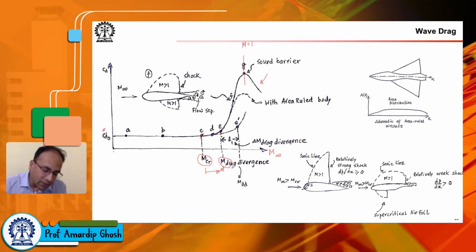The problem is, when you have this sudden increase of drag, your power plant has to be able to handle that amount of drag. And for quite some time, people had this notion that the drag will increase so much at Mach 1 that one will never be able to cross this barrier. If the drag becomes infinite, for example, people saw that the drag increases almost uncontrollably beyond this Mach number, which they named the drag divergence Mach number.